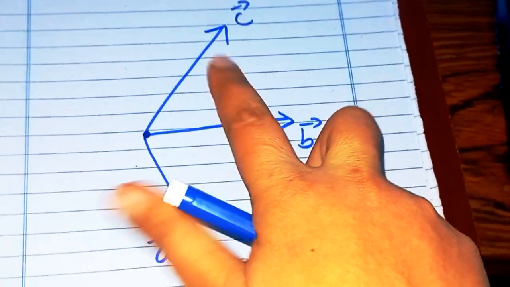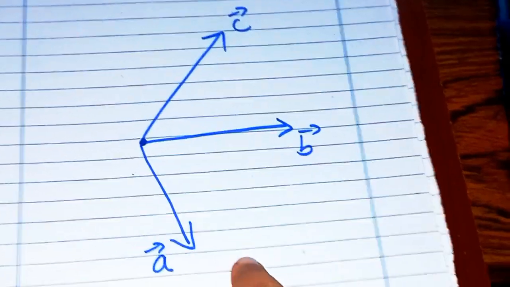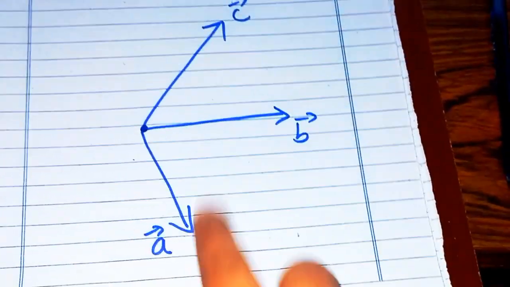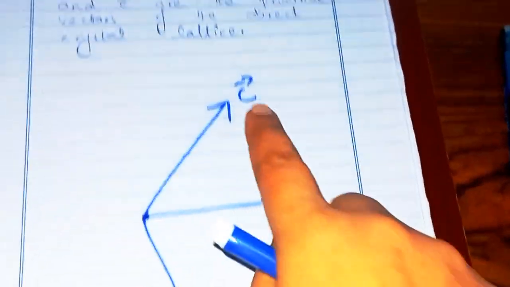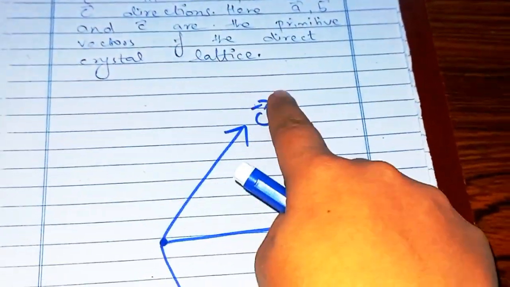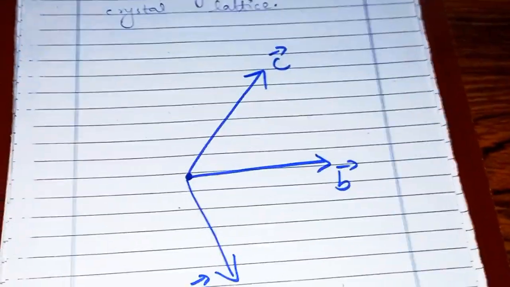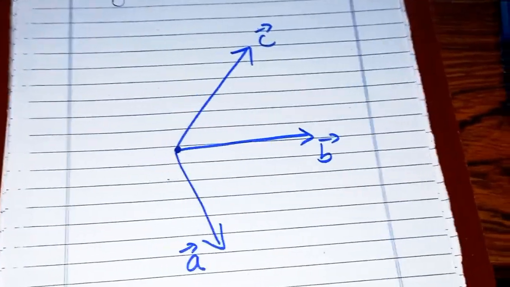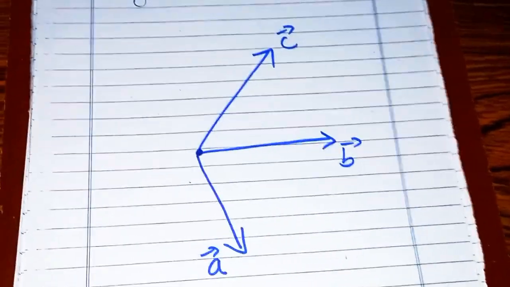We don't need to mention any angle between them, that's not necessary. We just need to draw these axis lines, and they represent the primitive vectors of the direct crystal lattice. If you join them together in 3D and extend them, you can form a crystal lattice out of it, but we don't need to do that here.